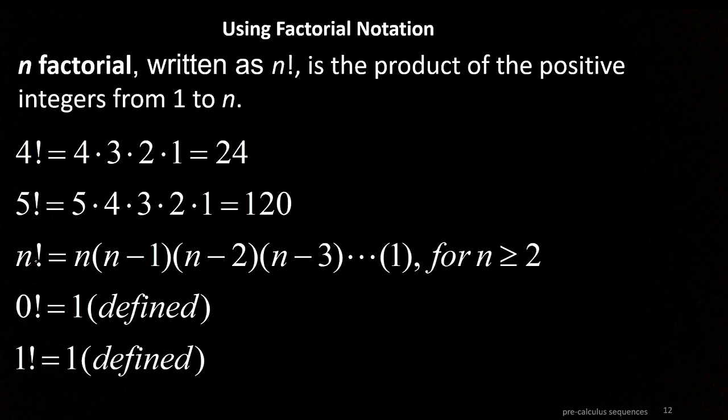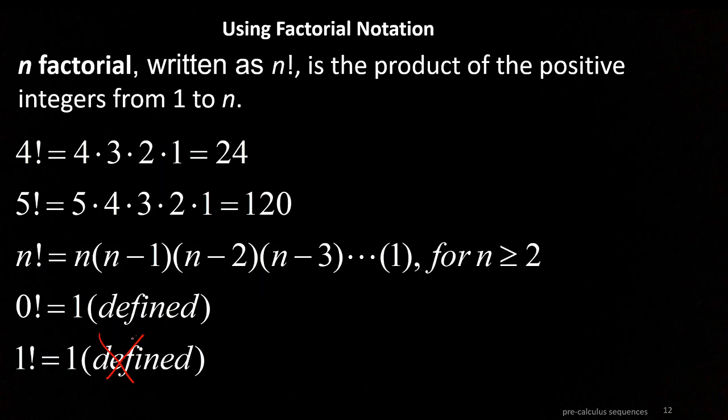N factorial, you start with n, subtract 1 until you get to 1, and then multiply. Now, I'll put n greater than or equal to 2, but it could be even 1. So we can just say get 1 out of definition here, because if n is 1, you're already at 1, so you stop.